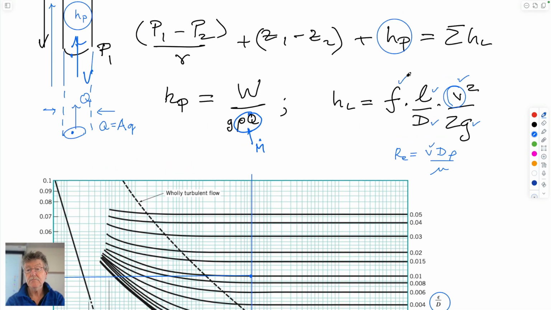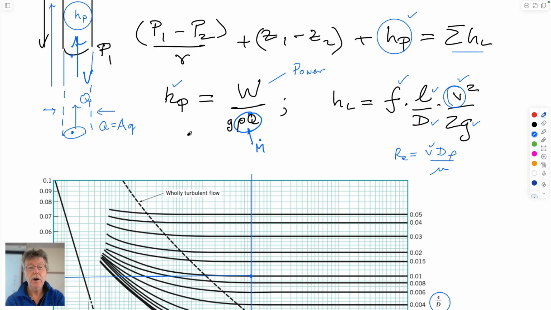In other words, this. And if you know what your friction factor is, you can put this into this equation. If you know that, then you can calculate this. If you know this, and you know the volumetric flow you want, you know the density of the water, you know gravity, then that gives you finally power.